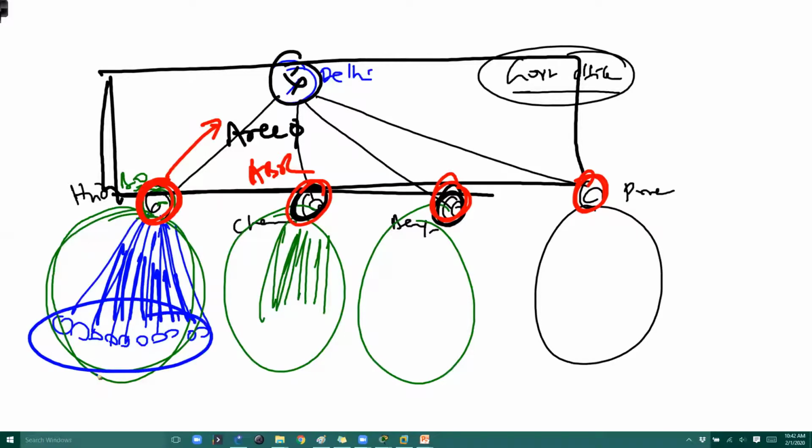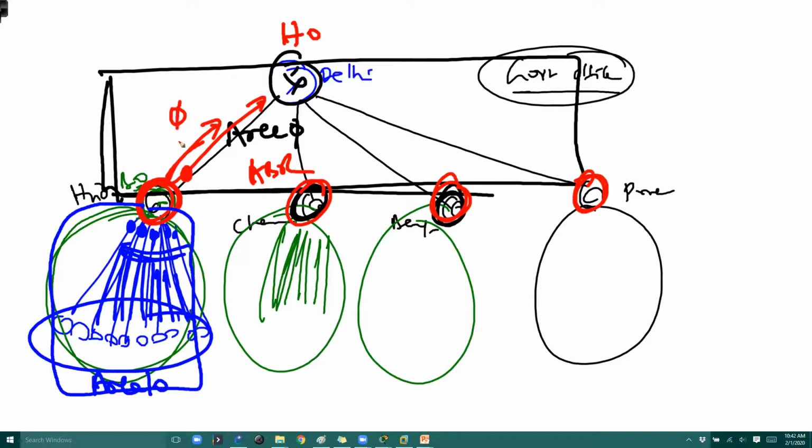Maybe those belong to area 10, let's say. So the interfaces facing towards the branch offices will be in area 10, and the interface facing towards my backbone network, that is my main head office, will be in area 0.